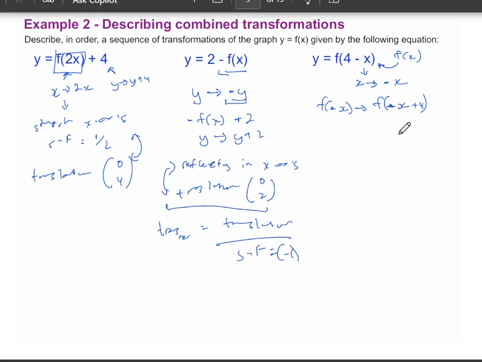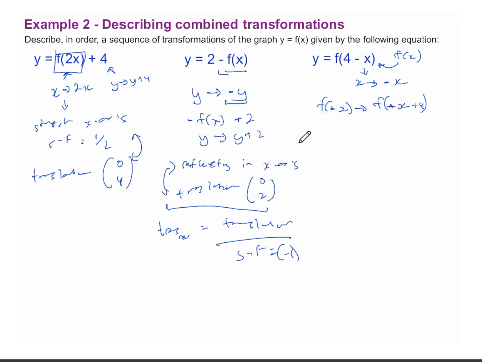Remember, our changes to x are going to be in this format: f of -x plus a, because the x is going to be changing to x plus a. And so we want to factor out the negative right here. We end up getting f of -x minus 4. Right?